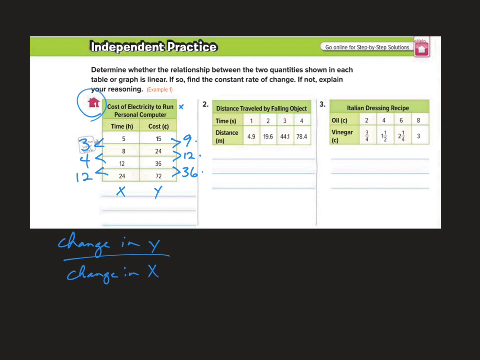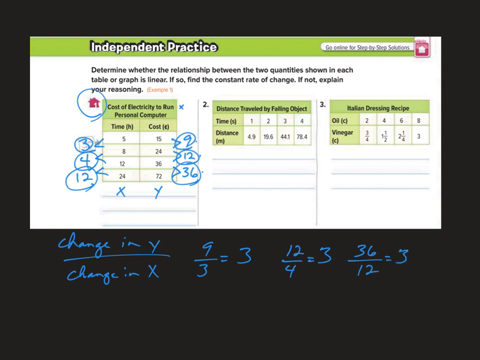So we can set each of these up as a fraction. So we'll take 9 over 3, divide that out, we get 3. 12 over 4, that equals 3. And 36 over 12, divide that out, we get 3 again.